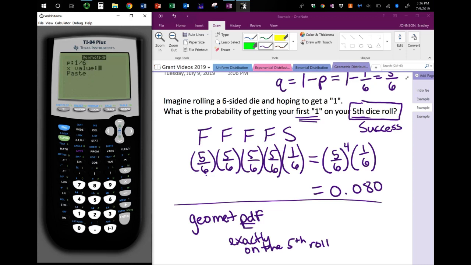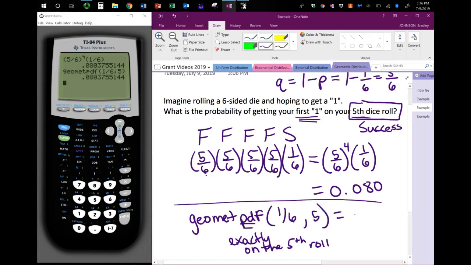Now, the probability of success was 1 out of 6. Rolling a 1 happens 1 out of 6 on the dice. And the X value, we want the 5th dice roll, so the X value would be 5 here. Now, when you type this, you can see it showed up as geometpdf. You put 1/6, comma, 5. Close the parentheses. When you hit enter, you see, just like magic, you get the same exact value.